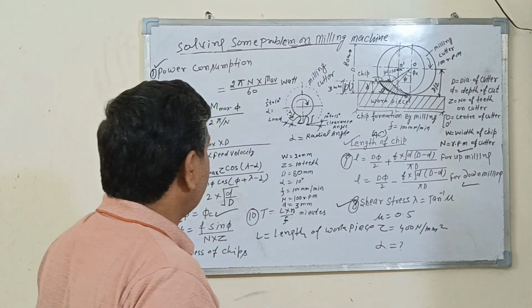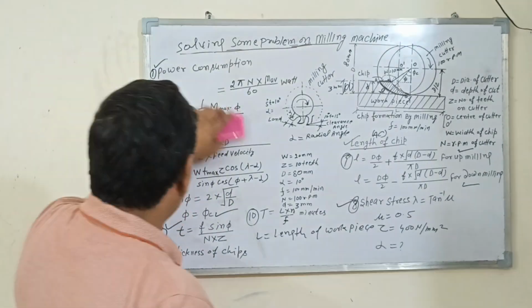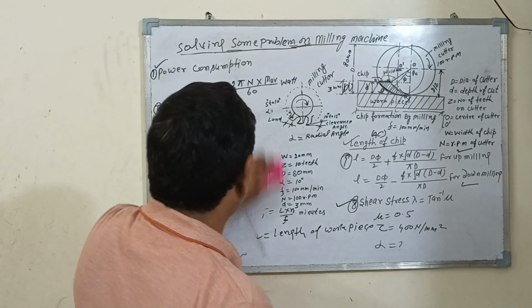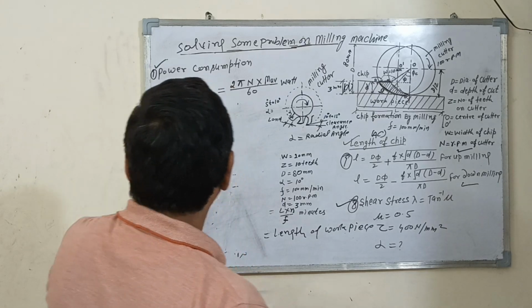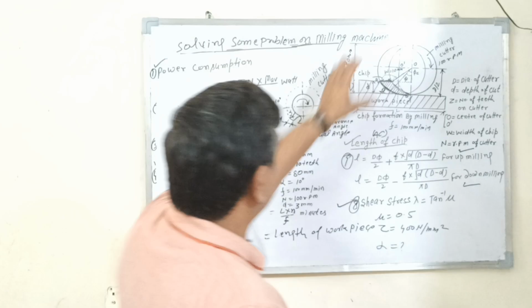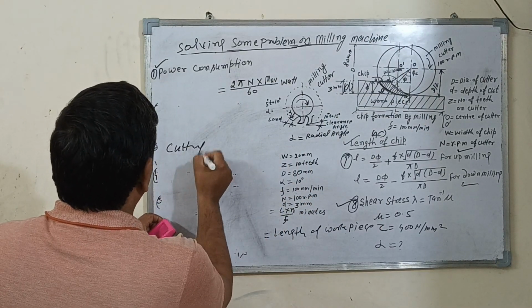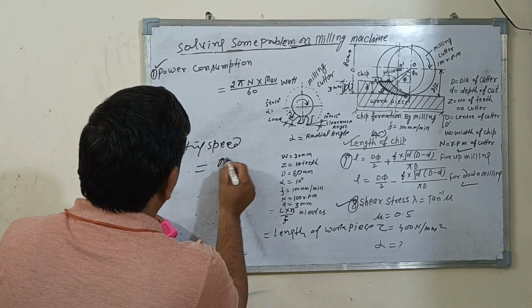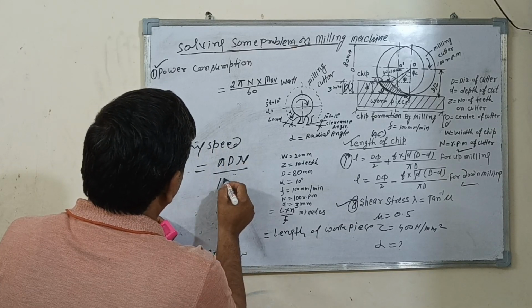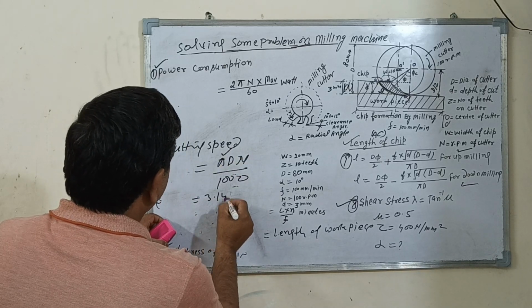Some other things can also be calculated, such as how much the cutting force is, and what the cutting speed of this cutter will be. You can calculate the cutting speed by this formula: pi D N divided by 1000. Pi is constant, 3.14.